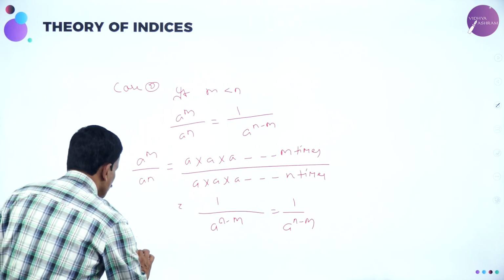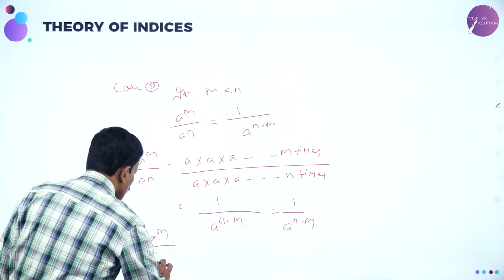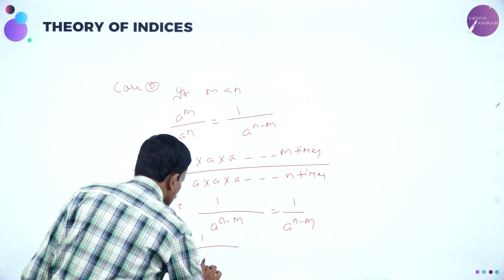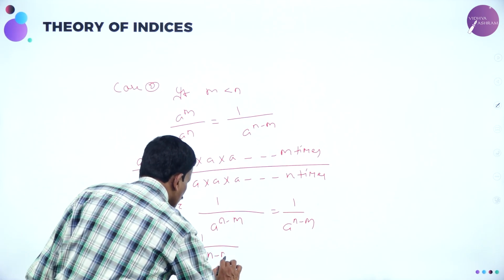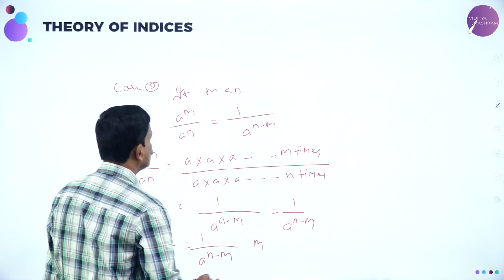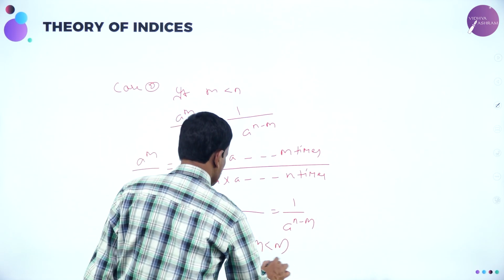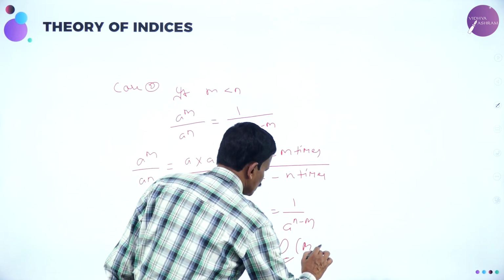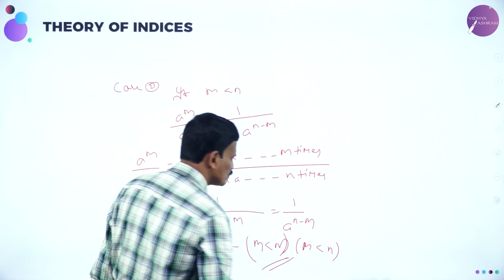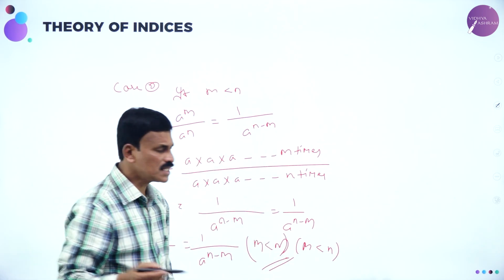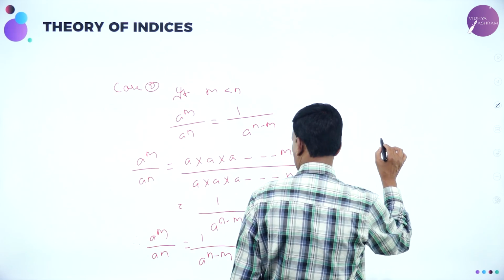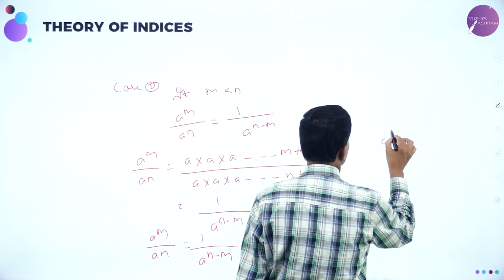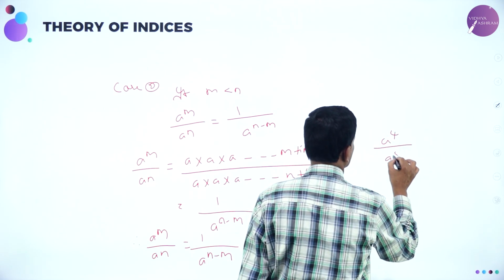So, therefore, we can write a to the power of m by a to the power of n is equal to 1 over a to the power of n minus m, where m is less than n. That's it. It is like this. Suppose it is a to the power of 4 divided by a to the power of 5.